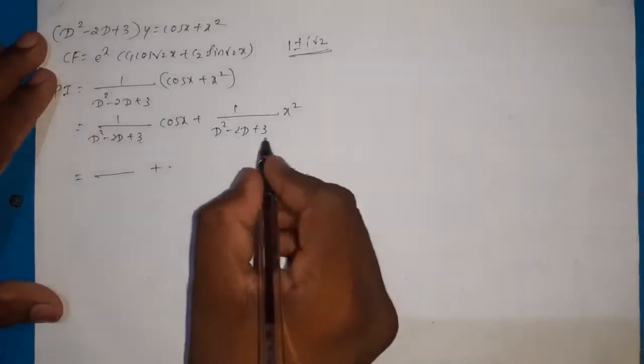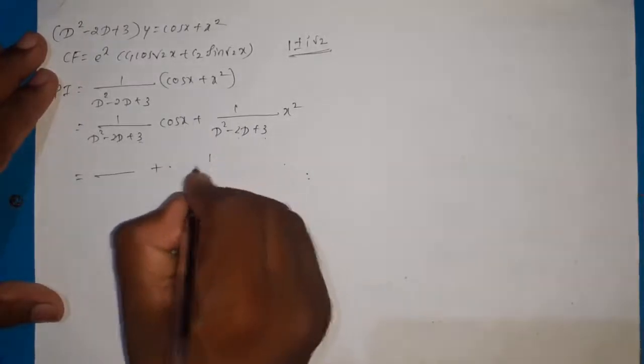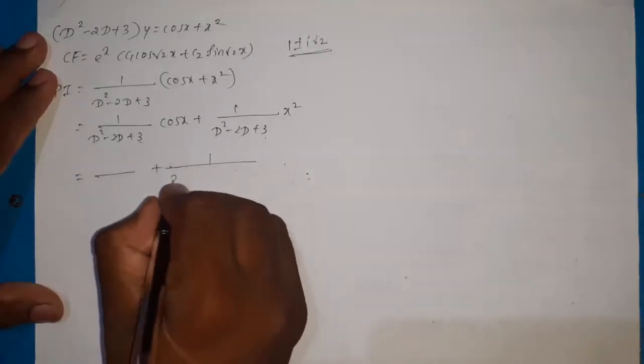Now for x², what is the lowest degree term here? 3 is the lowest degree term.